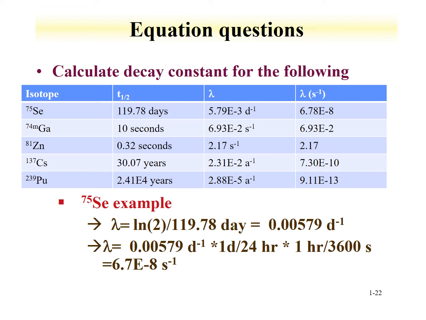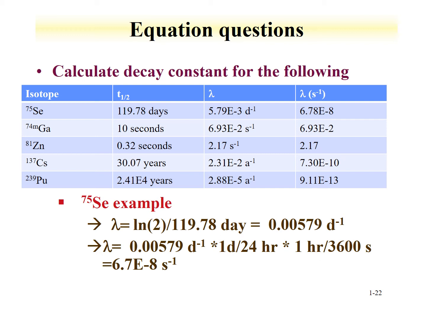And you can use some of the information we just discussed, for instance, to calculate a decay constant. If I give you an isotope and you have the listed half-lives, I can calculate the decay constant in inverse time units. So if it's listed in days here, it would be inverse days. But usually we want the decay constant all in the same time unit.